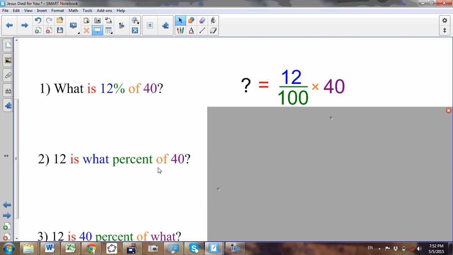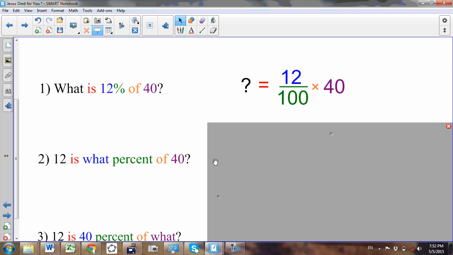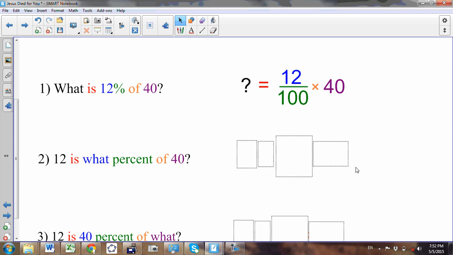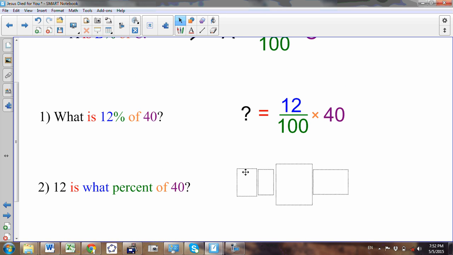12 is what percent of 40? In this problem, it's the percent that's the unknown. What percent? Okay, well, 12, literal translation here, is what percent? Well, the question mark is the unknown, the percent.